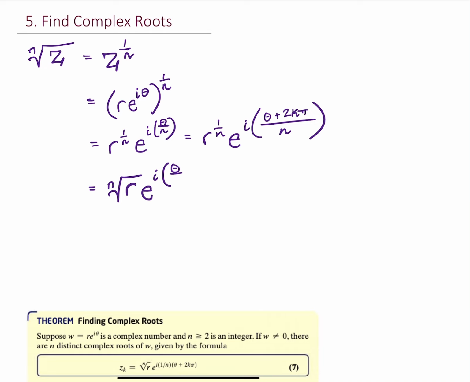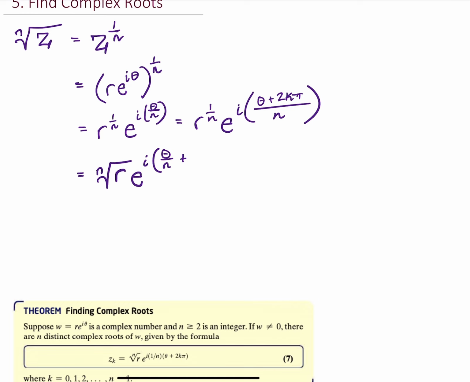So theta over n, we divide the angle by n, and then plus 2k pi divided by that same n. Kind of like if you recall solving a trig equation, we got some general solution involving coterminal angles. So this would be the exponential form. Let's express it as the expanded polar form.